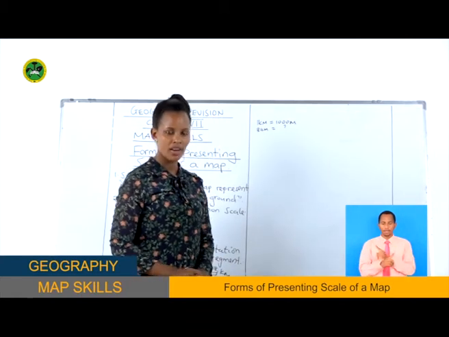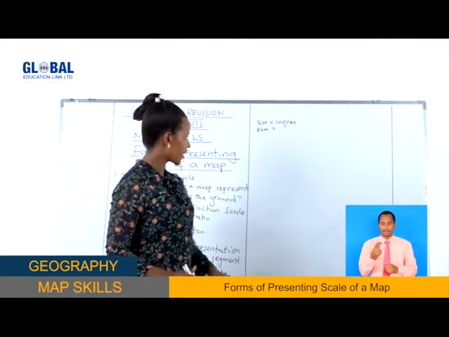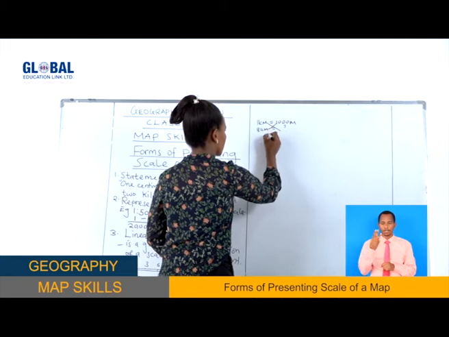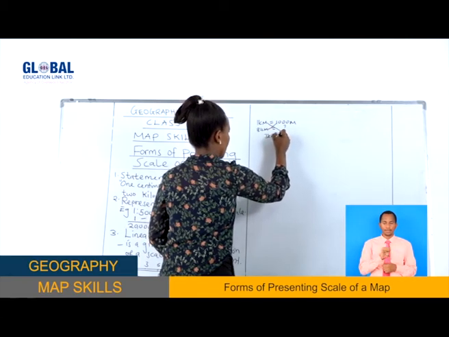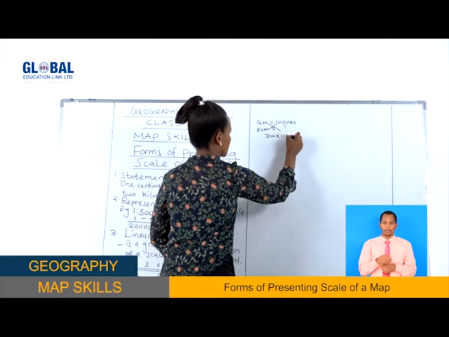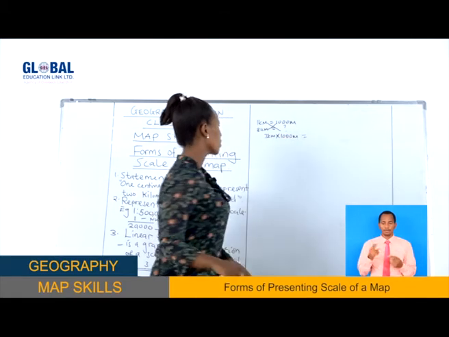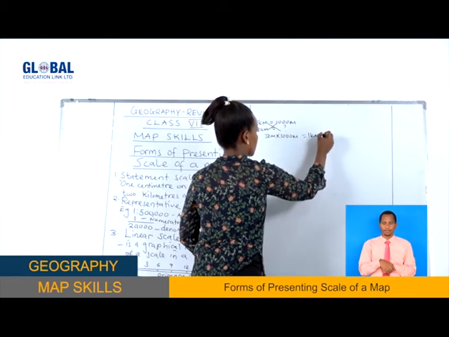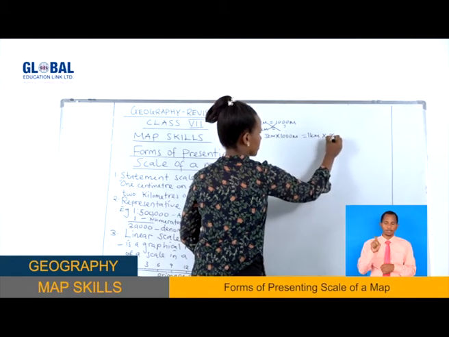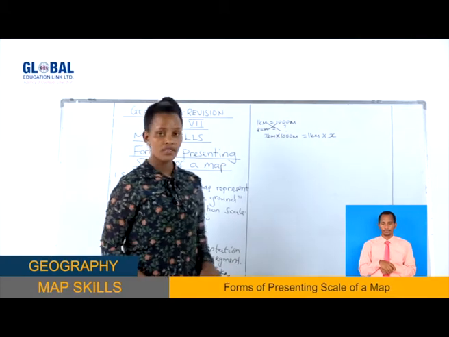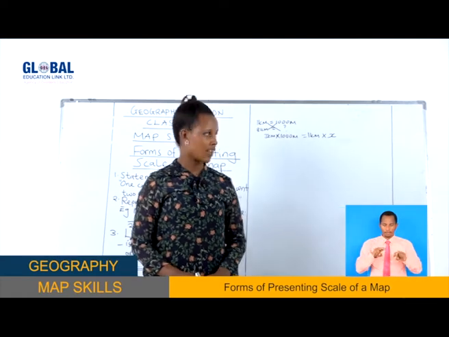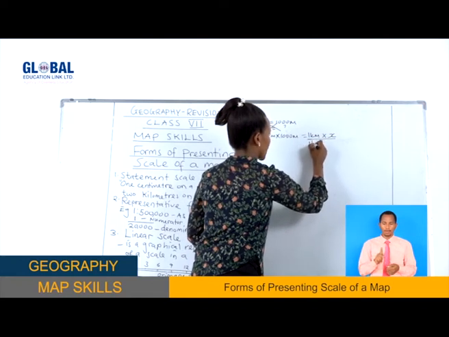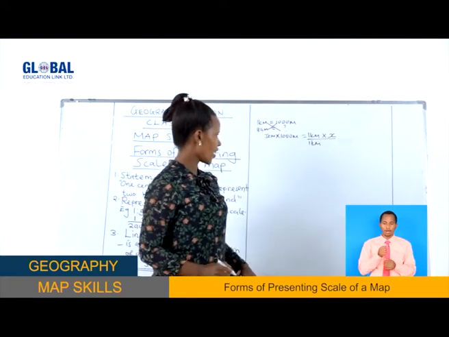Then the next step, you have to cross multiply. 3 kilometers times 1,000 meters is equal to 1 kilometer times x. We are looking for the value of x. So the next step, you have to divide by 1 kilometer on both sides in order to get the value of x.